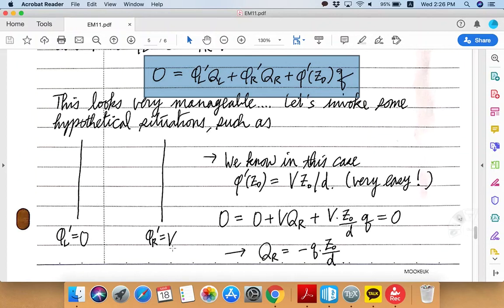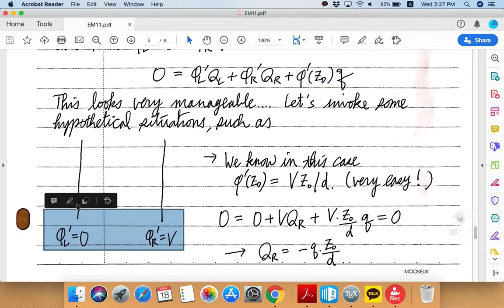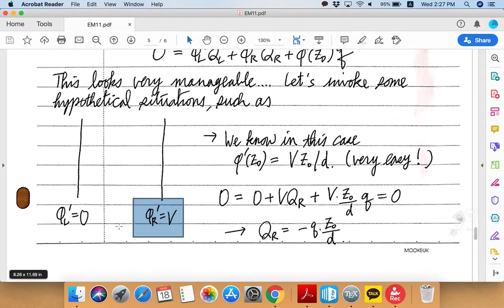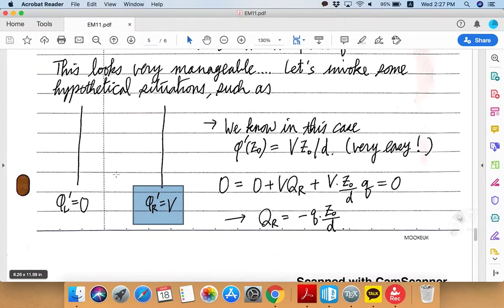And the situation we will choose is, for example, like this. One of the plates is set at zero potential. The other plate is set at potential V. And of course, there's no other charge in the middle because we took the Q prime to be zero in our hypothetical world. But this is a situation where we know how to solve the problem very well.